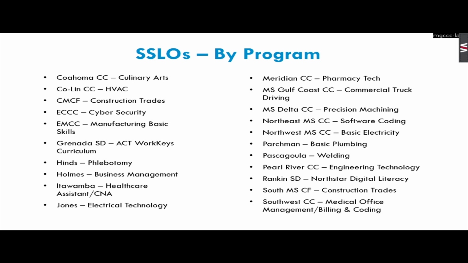I know, Rankin and Grenada, y'all are not as connected to My Best and IETs. So you'll notice that I gave you ACT Work Keys curriculum. And I think I gave you North Star Rankin. Okay? So those are two that we're going to be using a lot this year. Okay? So any questions? Any concerns?